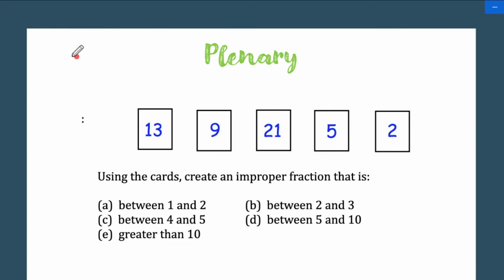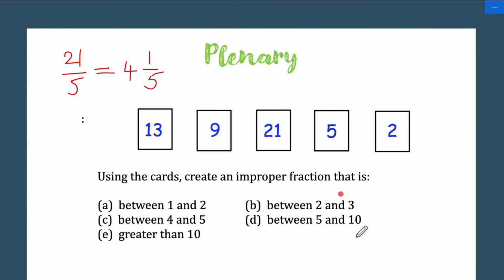You could say 21 over 5 gives me 4 and 1 over 5. Yeah, so that would be a way to think about it.